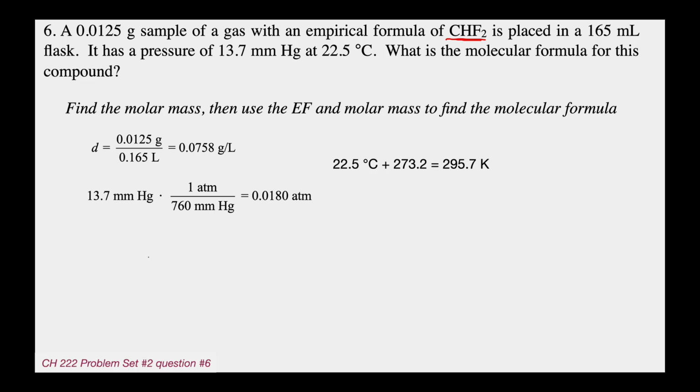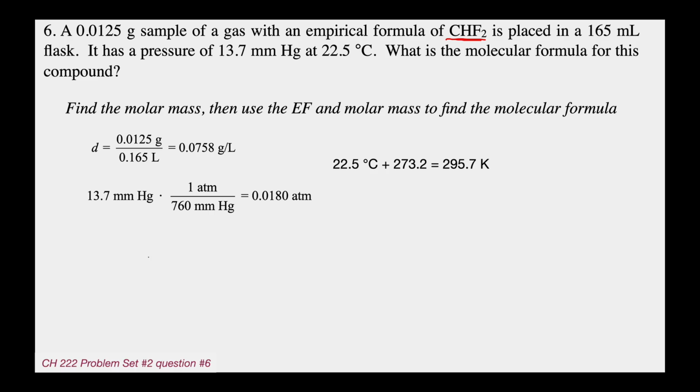Now, density is mass over volume, grams over liters, so I got the value there, 0.075 grams per liter. Got to turn millimeters of mercury into atmosphere by dividing by 760. And of course, yes, you must convert Celsius to Kelvin. I used 273.2, which is the value to the 10th of 273.15, round the 1 up to 2.